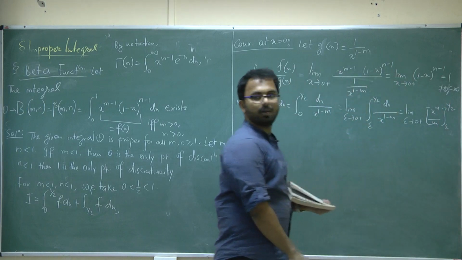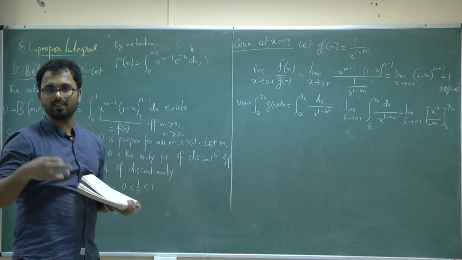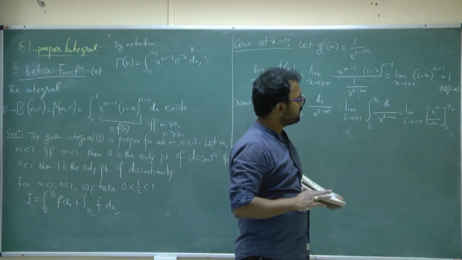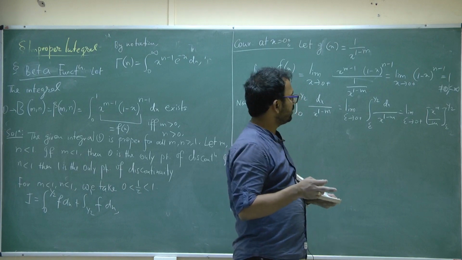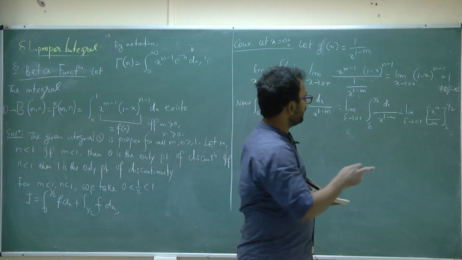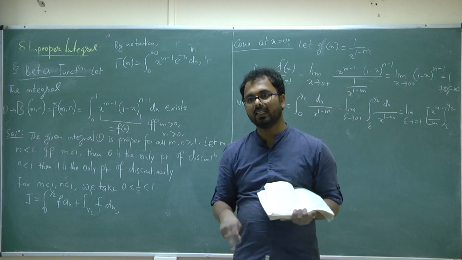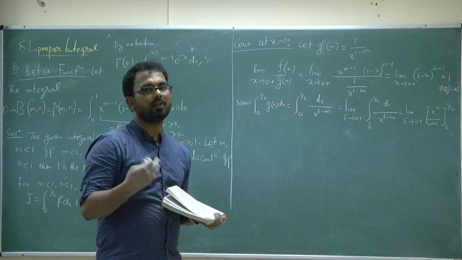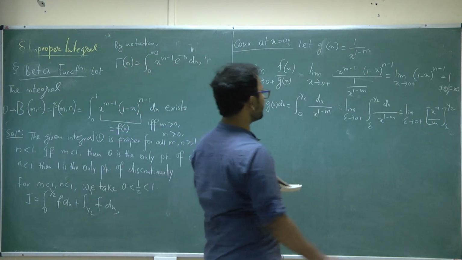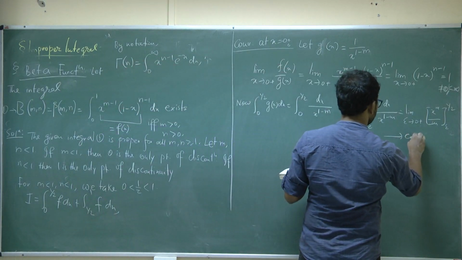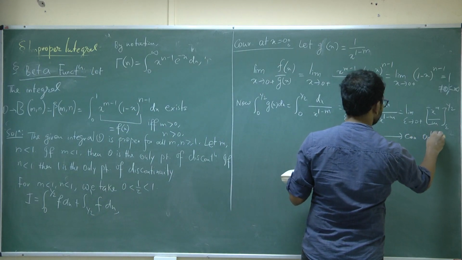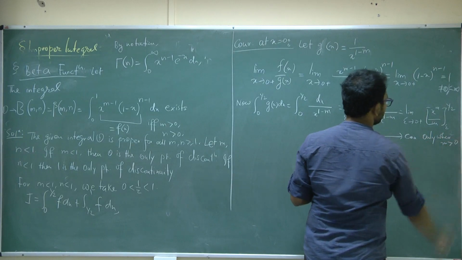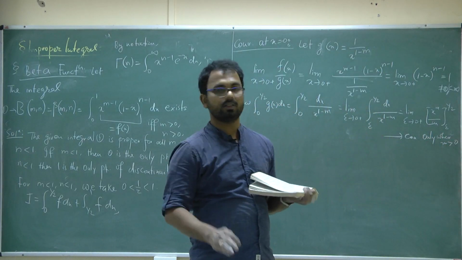Now, this limit will become undefined, or tend to infinity, and it is convergent only when m is positive. The minute m becomes negative, since epsilon is tending towards 0, it will come in the denominator and therefore, everything will become undefined. So, this is convergent only when m is greater than 0. It will not converge if m is less than 0.